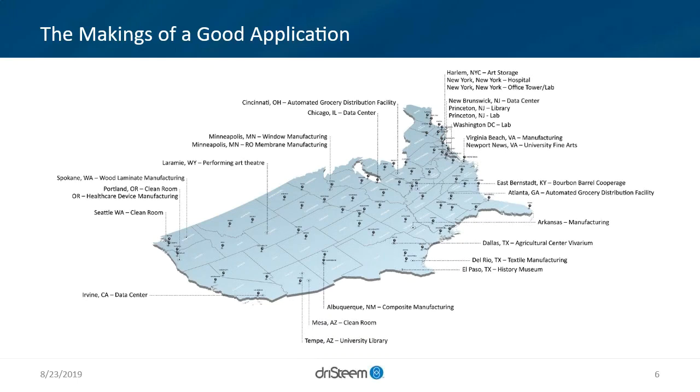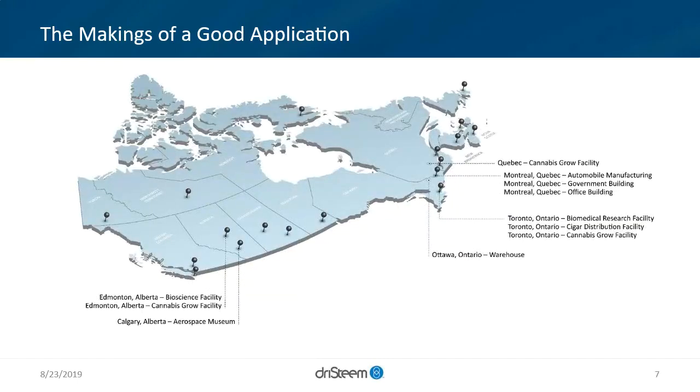But what this is going to show is that throughout the country, and also throughout Canada and other places globally, there are applications that do make a good fit, whether it's a large load or it has free cooling benefits, etc. It is really application driven and not geography driven.